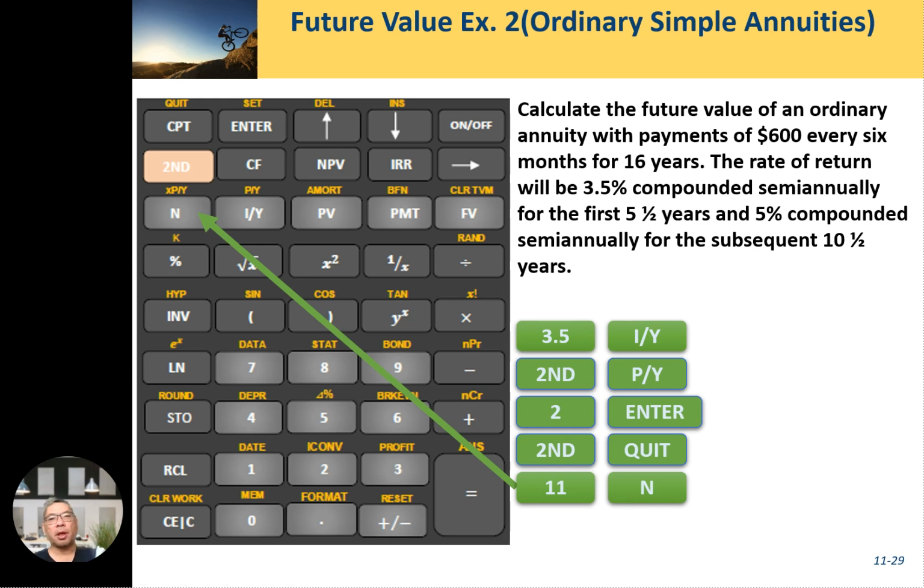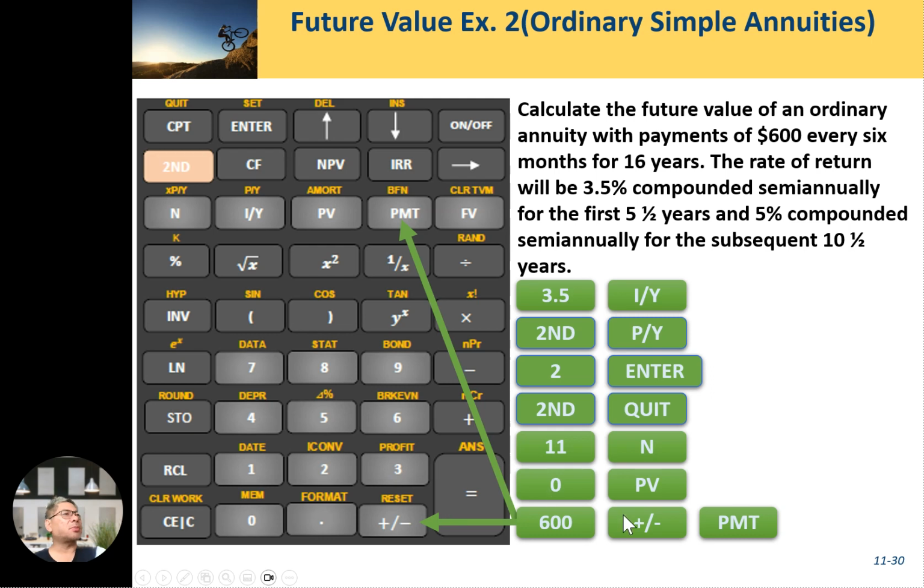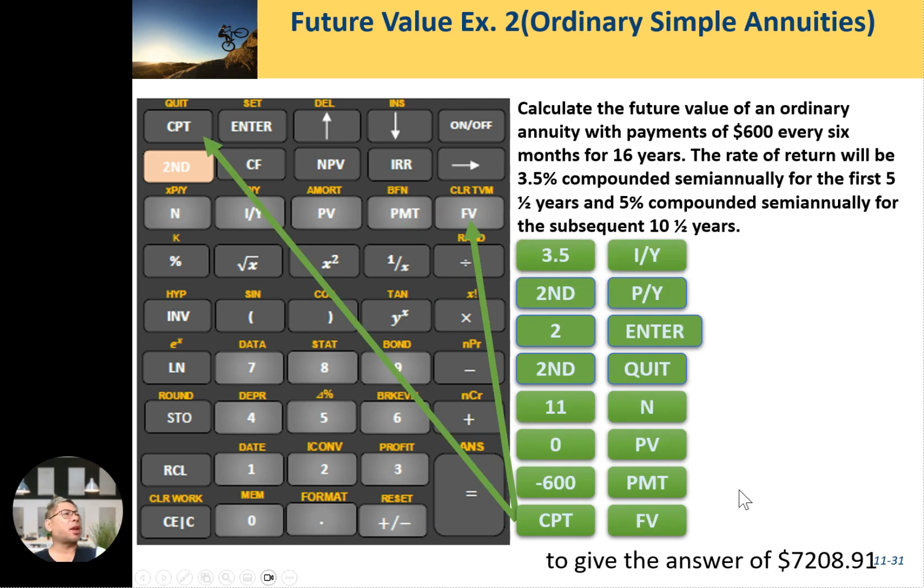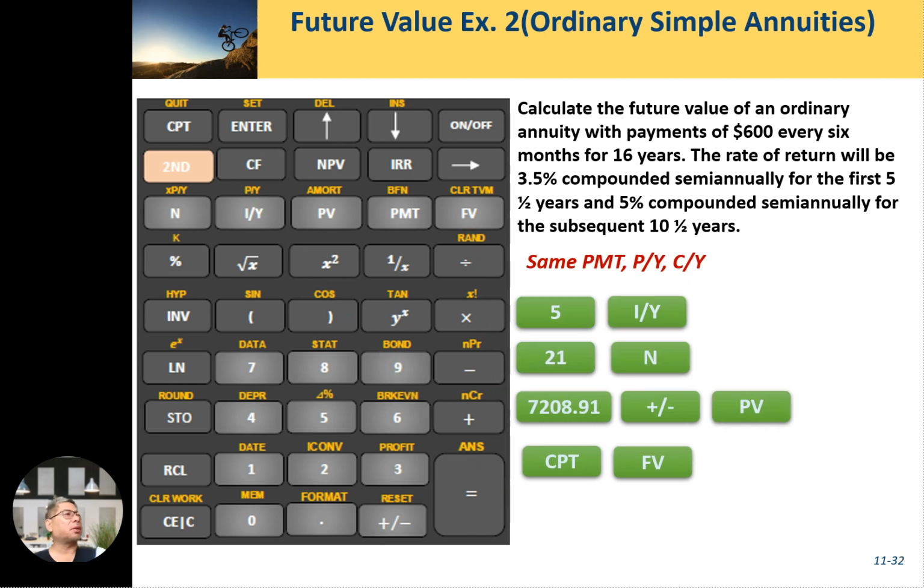Then 600 as minus payment, and then compute to give the answer 7208, the first future value 1. Once you calculate that, you do the same: 5 EY, 21 N, 7208.91 as your present value, compute for future value number 2. You got 28,417. That's how you get that number.